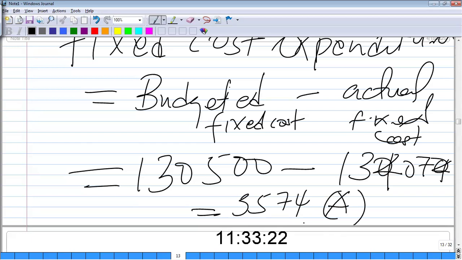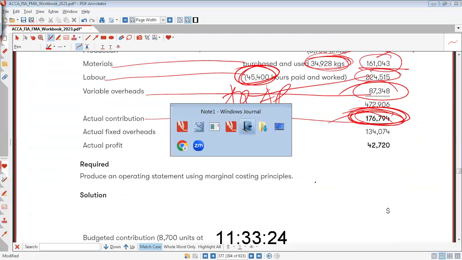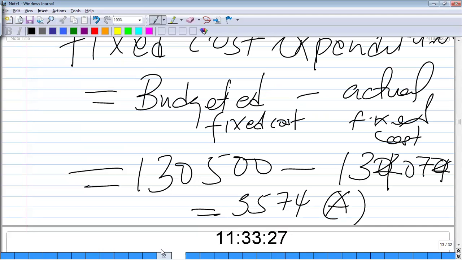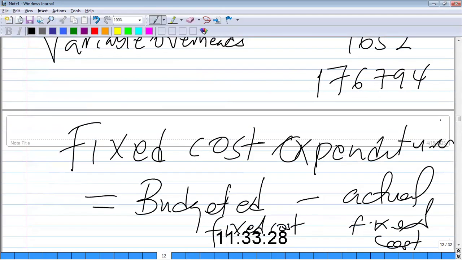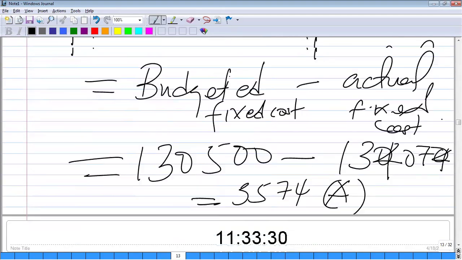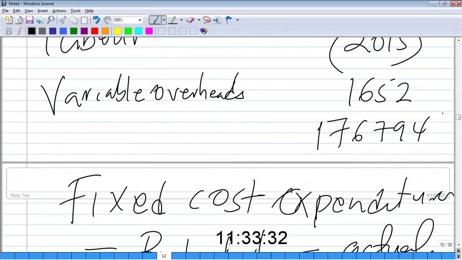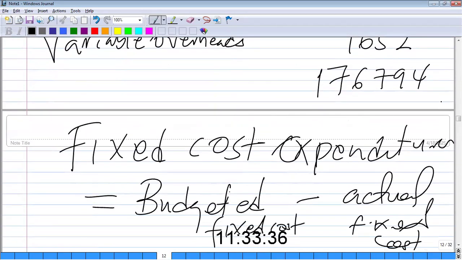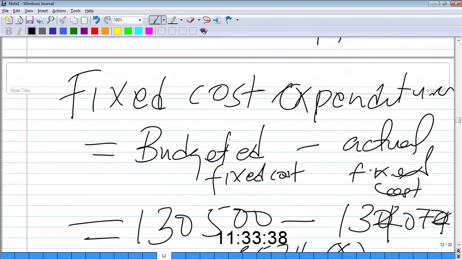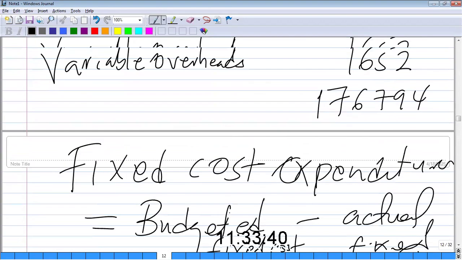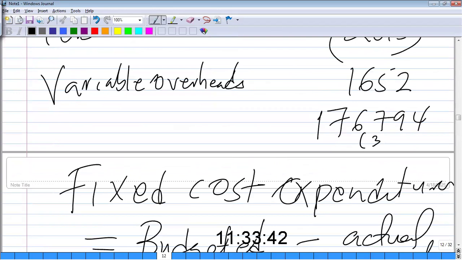Okay, the situation worsened. I think the people negotiating were not doing a good job. So we add our adverse variance of 3,574 to end up with the actual profit.